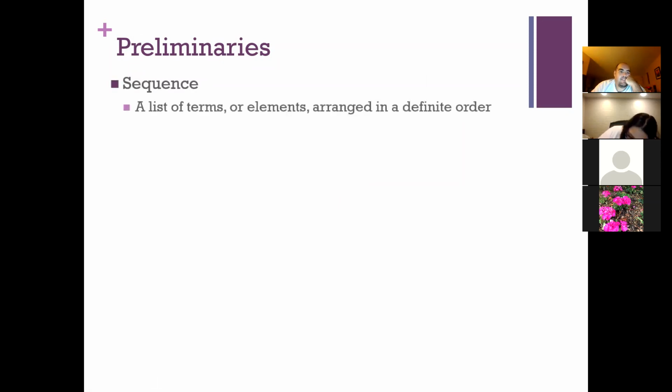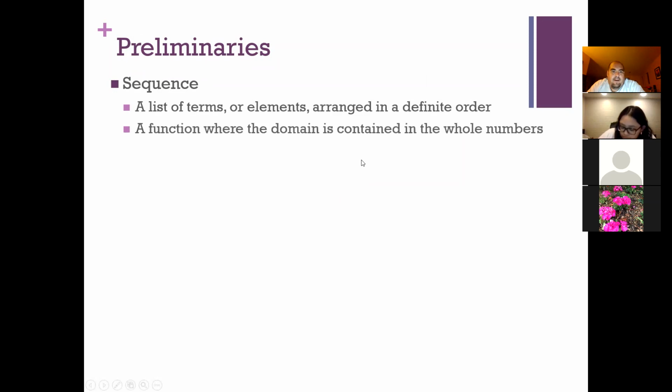So what is a sequence? It's basically an ordered list of terms or elements. Almost always you're going to be dealing with numbers, but really it could be any list of terms or elements that are arranged in some definite order. Another way to think of a sequence is as a function where the domain is some subset of the whole numbers.